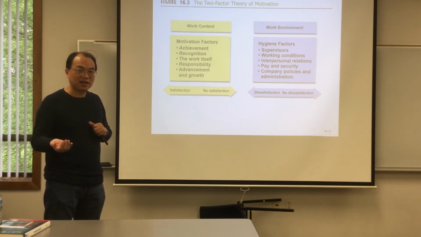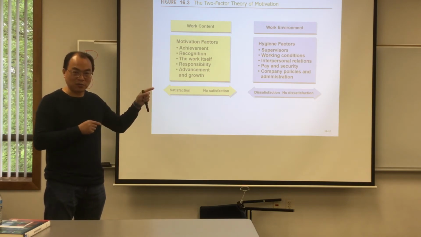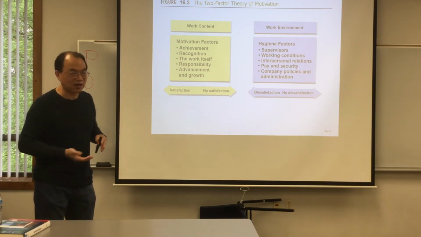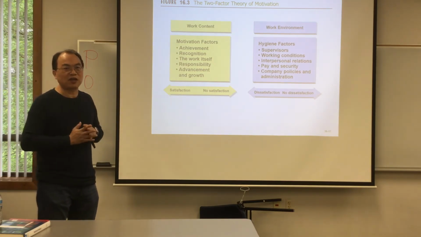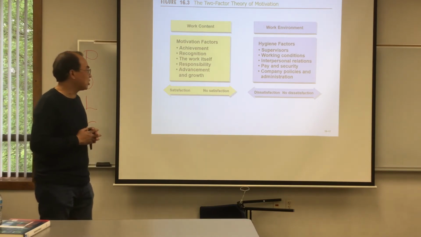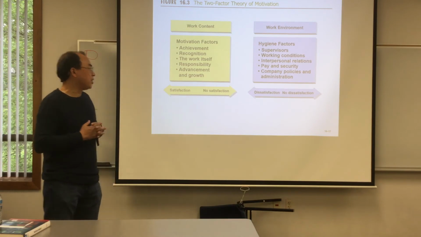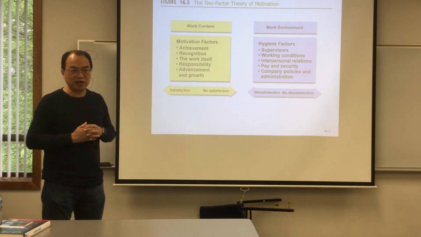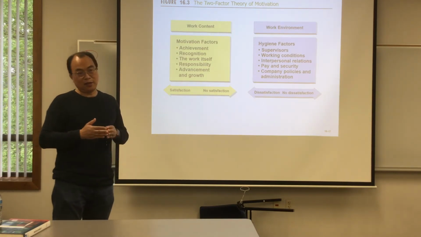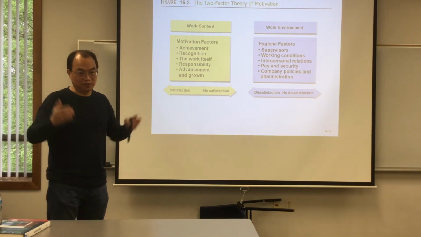Let's go back to Maslow's second level, security. You still need to pay them. Or even the first one, they need enough money to pay for food and shelter and others. But it could also be company policies and administration. Is the company giving maternity leave?